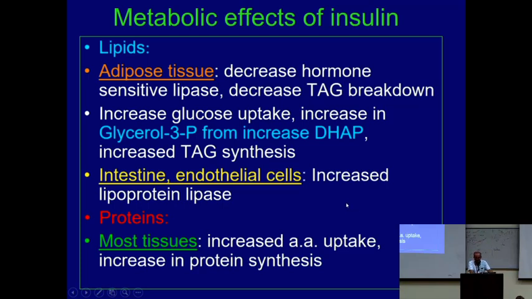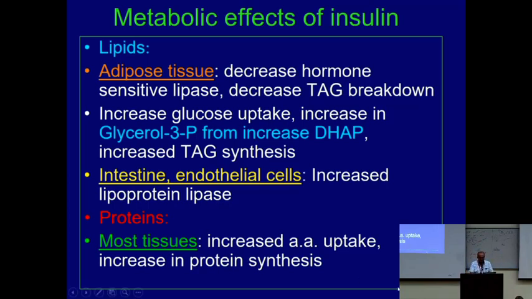So here we have increased synthesis of TAG and decreased lipolysis. The other class of molecules, proteins: you're going to basically increase protein synthesis in most tissues because there are plenty of amino acids in the bloodstream after a meal, and all the tissues will try to pick them up to replace what was turned over in a prior cycle.